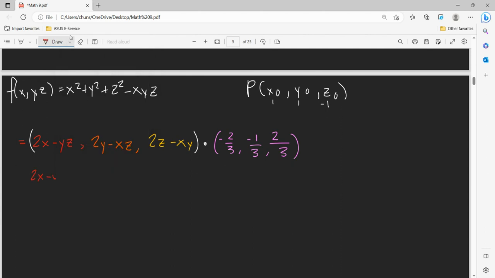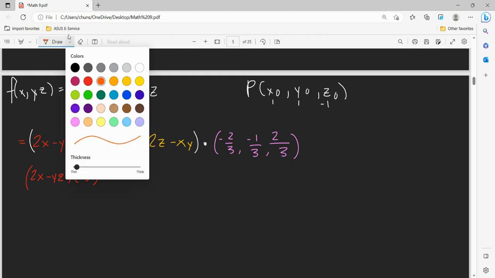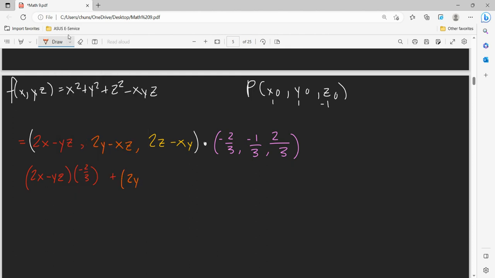Okay, so this is going to give us 2x minus yz, times -2 over 3 from our unit vector, plus our second y term, 2y minus xz, times -1 over 3, and plus 2z minus xy, multiplied by 2 over 3.